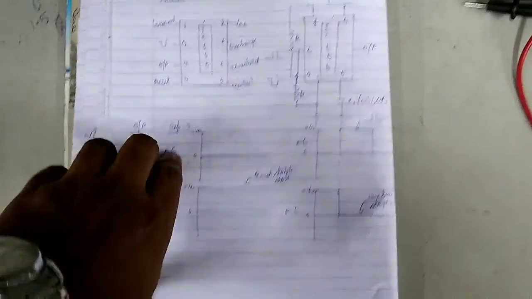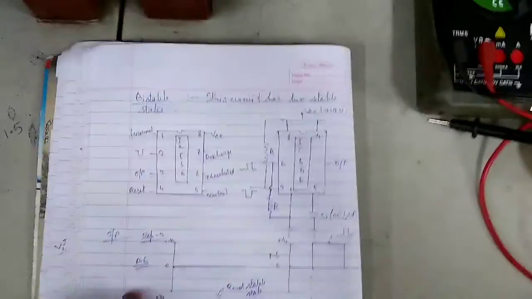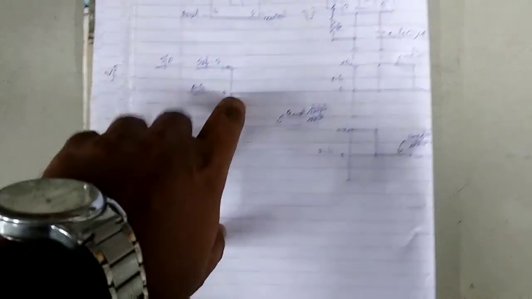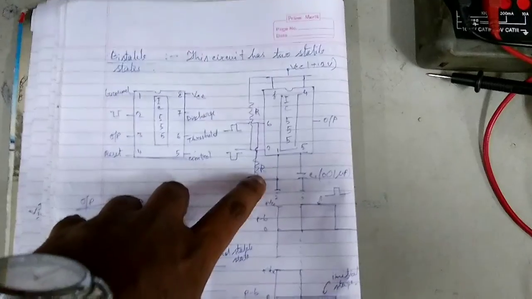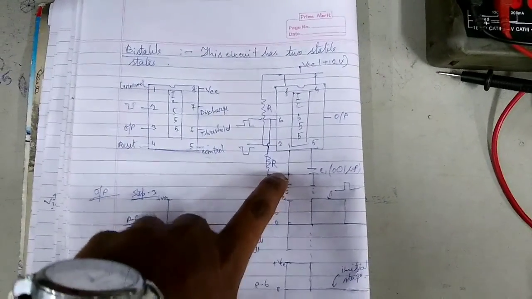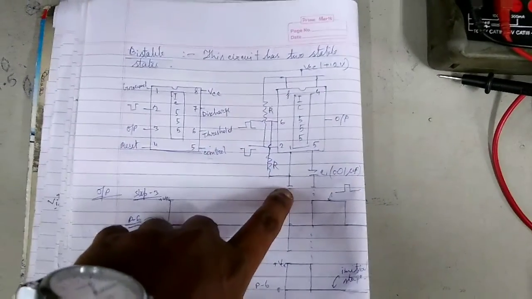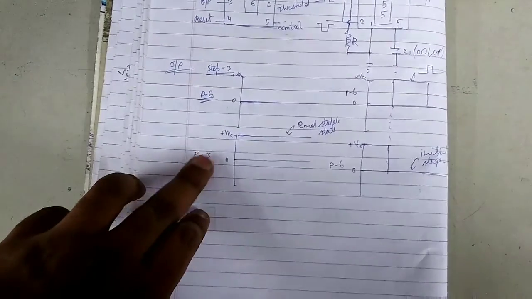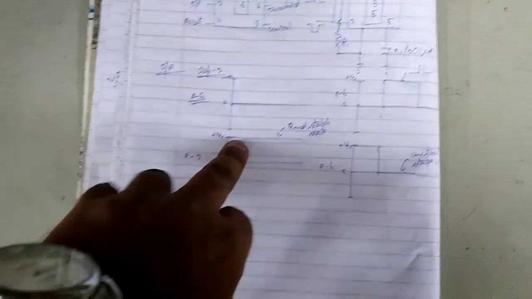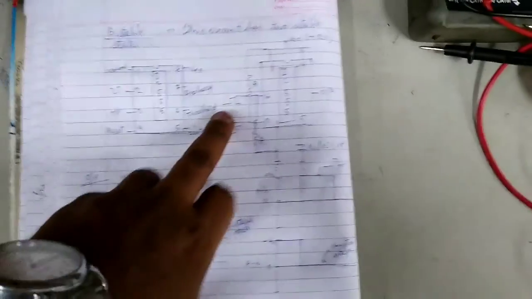So in step 3, when the pin number 6 is low, that is in 0 position. See, initial condition of pin number 6 is 0 because it is connected to pin number 1 with a resistor, and pin number 1 is grounded. So initial condition of pin number 6 is 0, and then the output is high because output is already negatively triggered, so output becomes high.